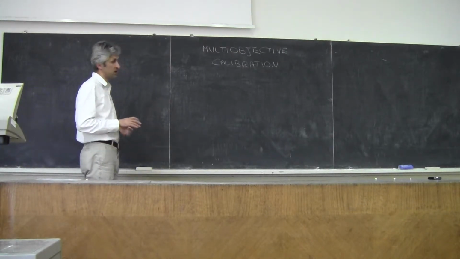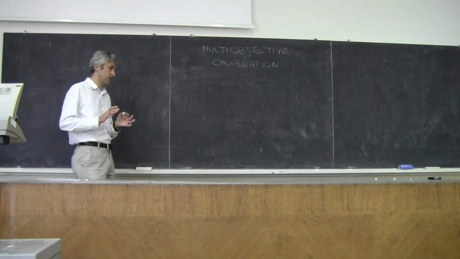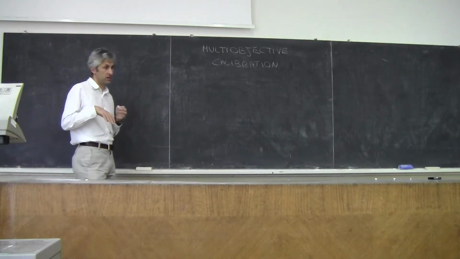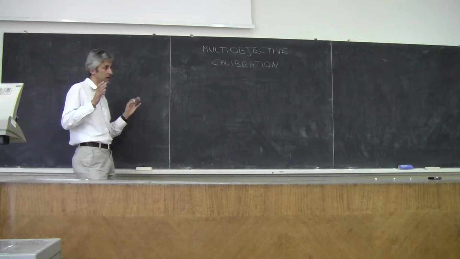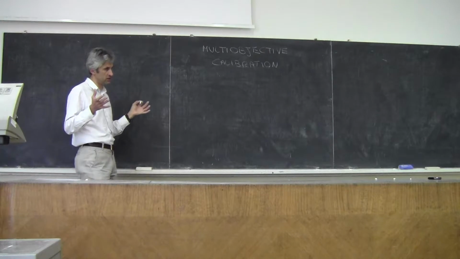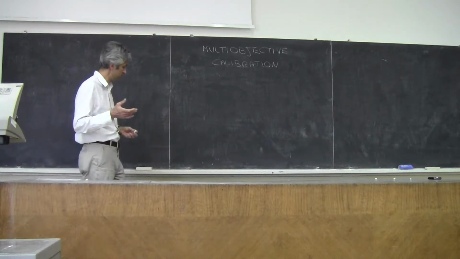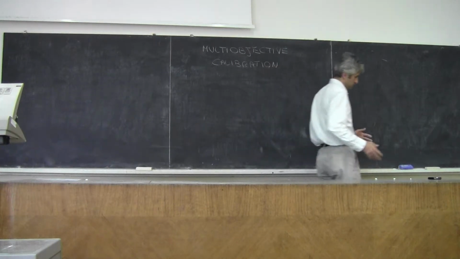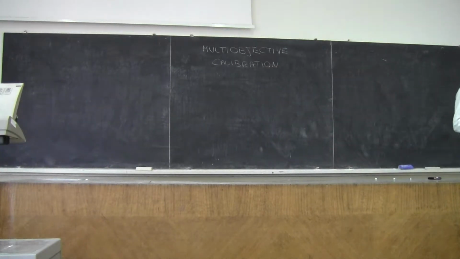So what is multi-objective calibration? It is something that became very popular in recent times, in hydrology in general, and I think in system analysis in general. It's the counterpart of the single objective calibration that we considered so far.